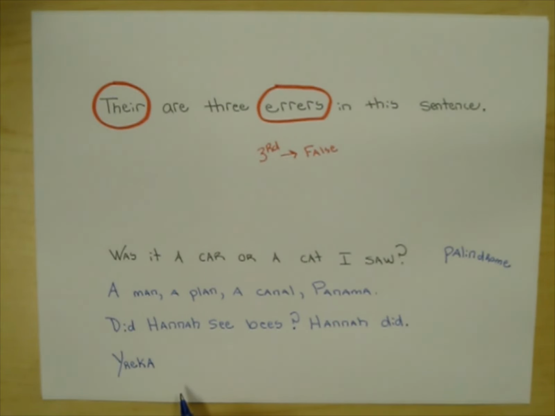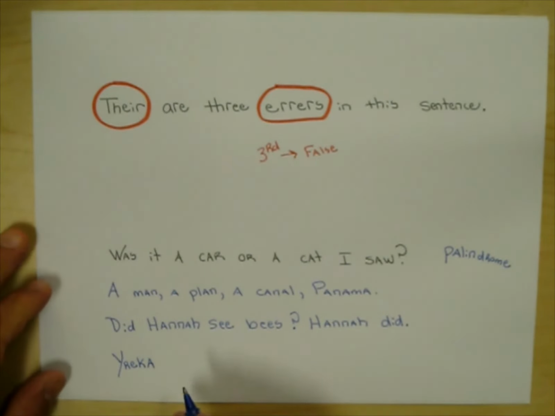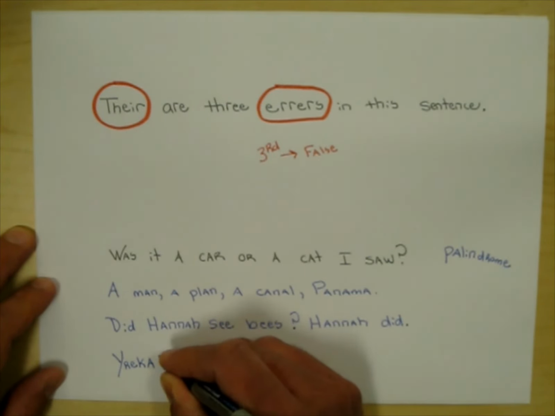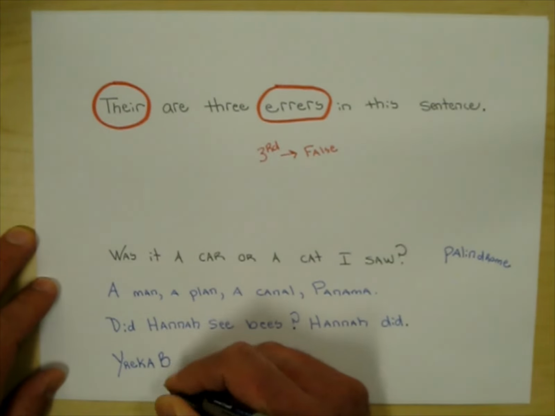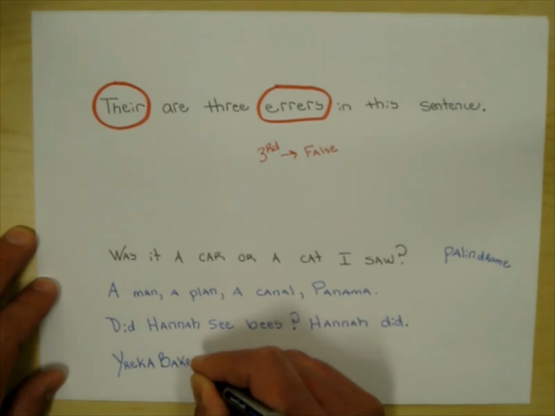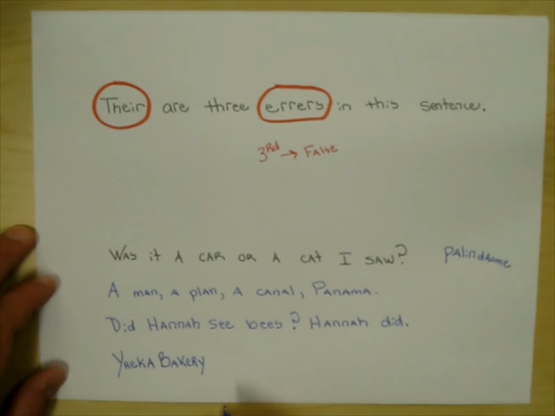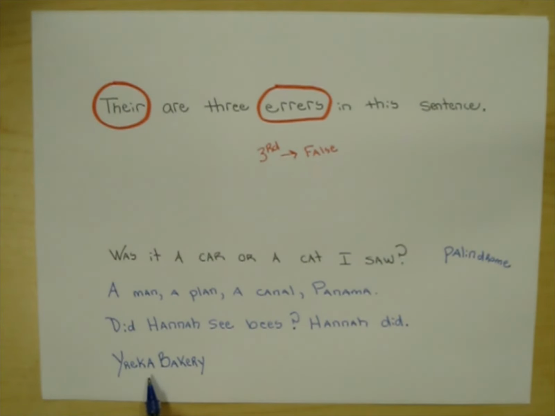There's actually a town called Weed. And they have a sign that says, "We'd love you to come back," or something like that, and they use Weed. But Yreka is above that town. And I don't know if it went out of business or whatever, but there was a place called the Yreka Bakery. And I thought that was really cool because that's a palindrome as well.